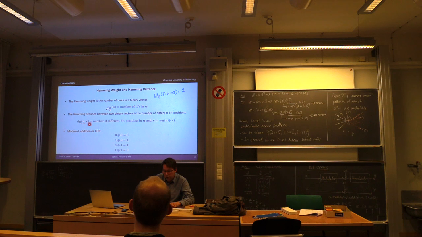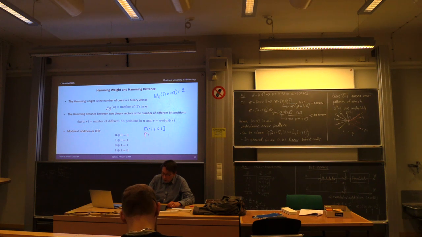We have two inputs, U and V. It's the number of bit positions in which U and V differ. Okay, and we can calculate that as the Hamming weight of U modulo 2 added to V. Okay, 0, 1, 1, 0, 1, and 1, 1, 1, 1, 0, like this.